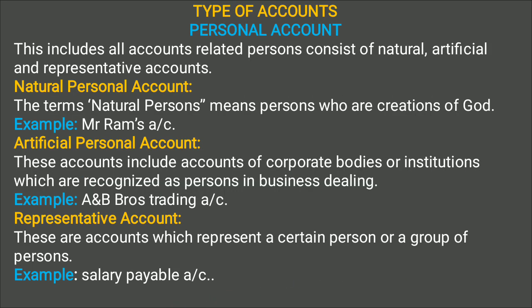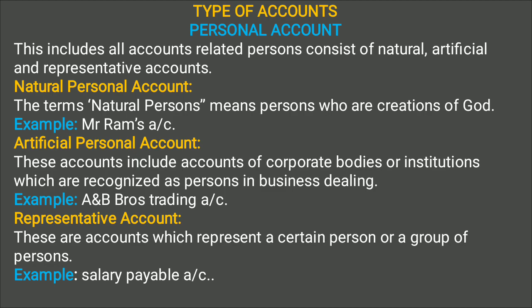Next, we have divided personal account into three parts, so let's discuss them. Natural personal account: natural persons are persons who are the creation of God. All human beings are creations of God. So when you open accounts by the name of Ram, Sohan, Mohan, Rahim, etc., they will be considered natural personal accounts. Then we have artificial personal accounts.